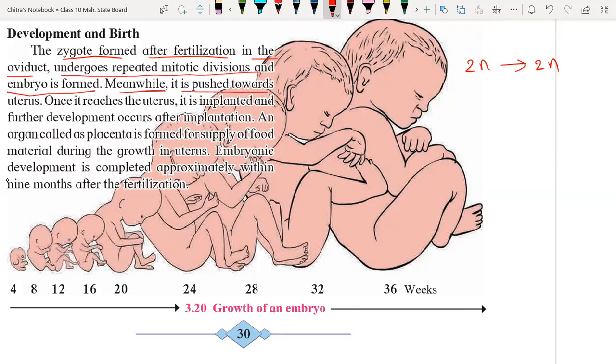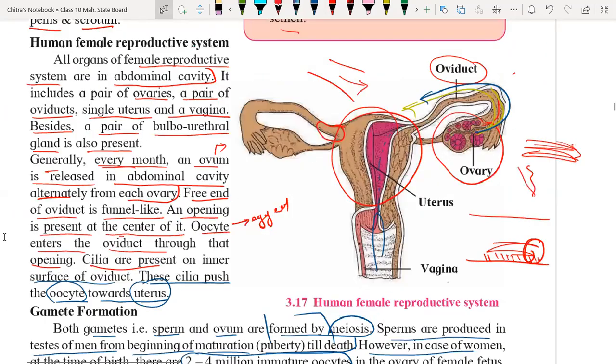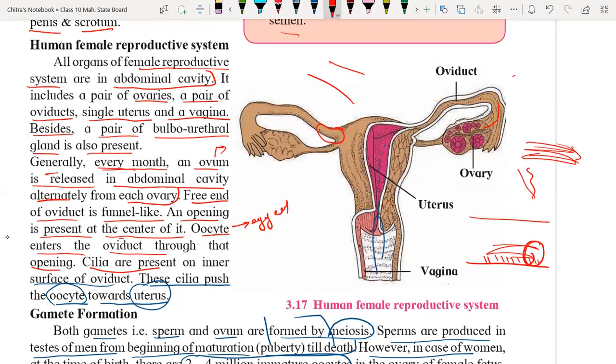Meanwhile, it is pushed toward the uterus. Suppose here we have the oviduct and the egg cell. It is being pushed toward the uterus like this, and it gets implanted over here. During that period, the endometrium is formed.